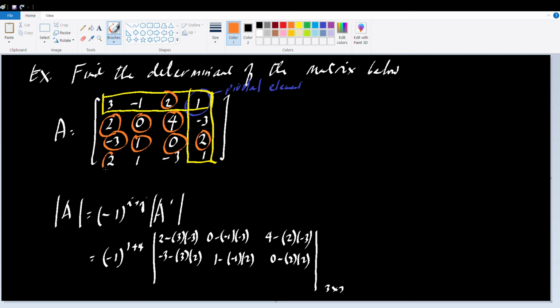Next, 2 minus the product of 3 and 1. 1 minus the product of -1 and 1.